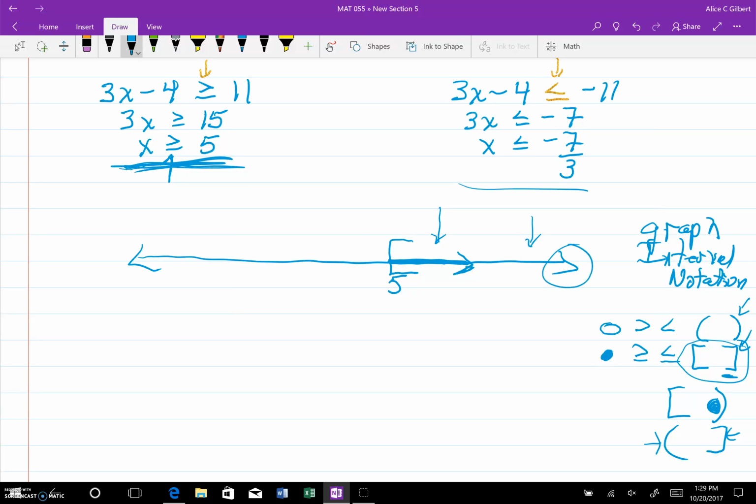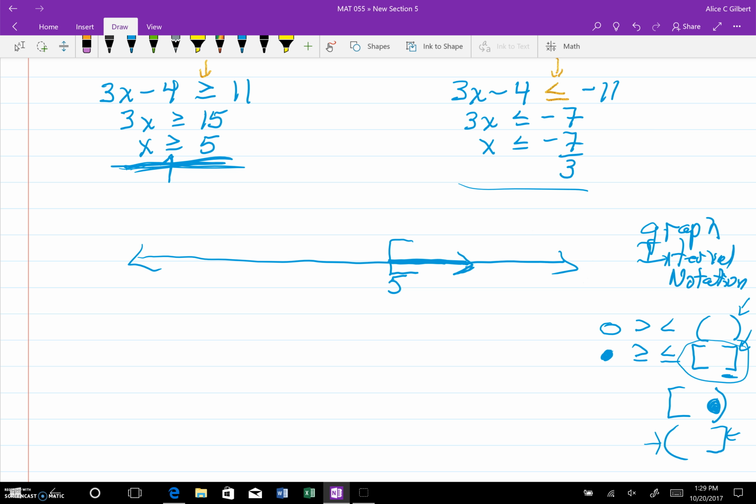This arrow is telling me that this number line is going in that direction forever. And this arrow tells me that the graph is going in that direction forever. Okay? So now let's do the other side.